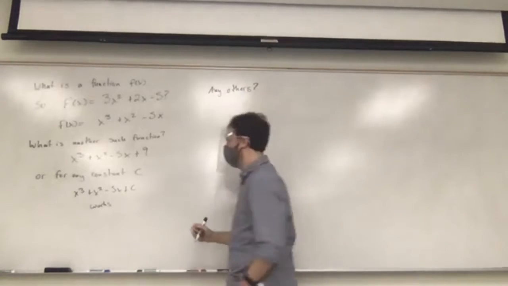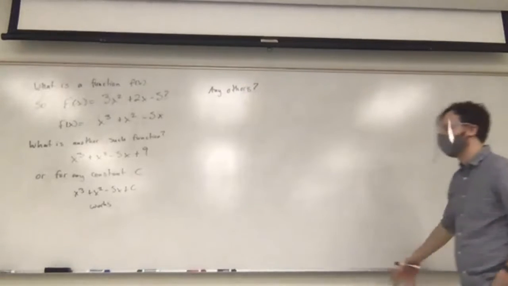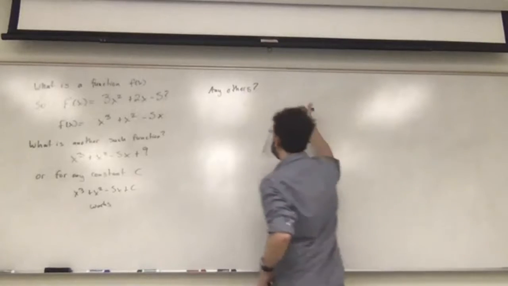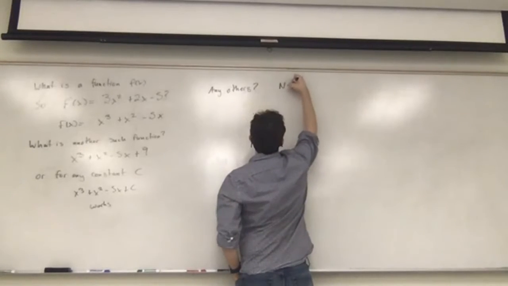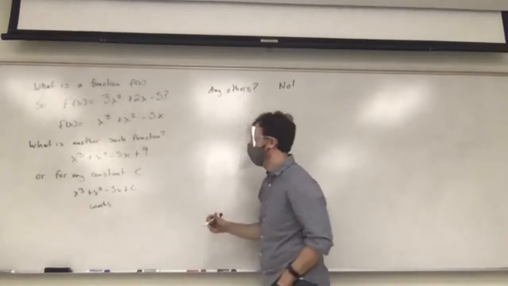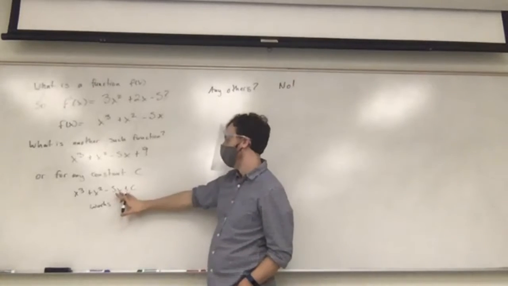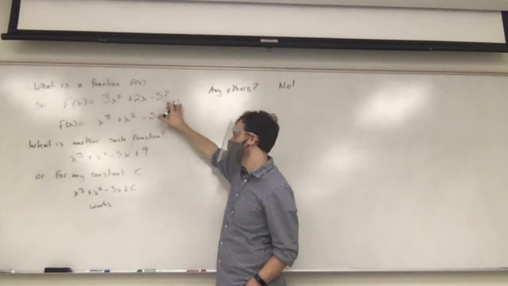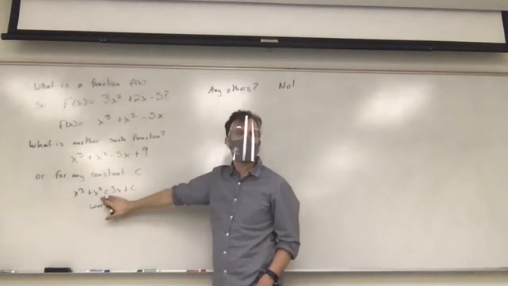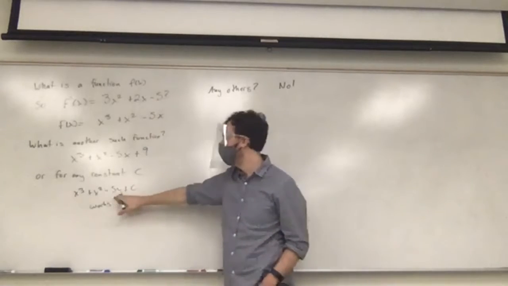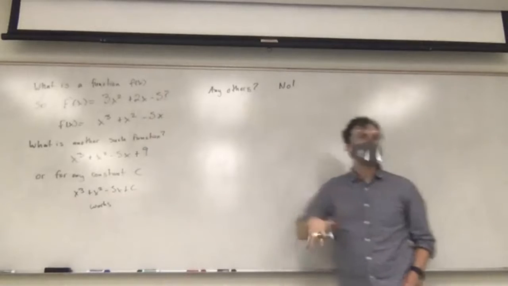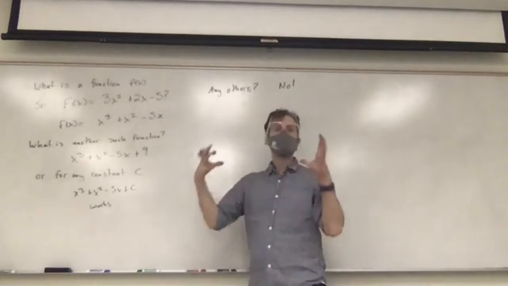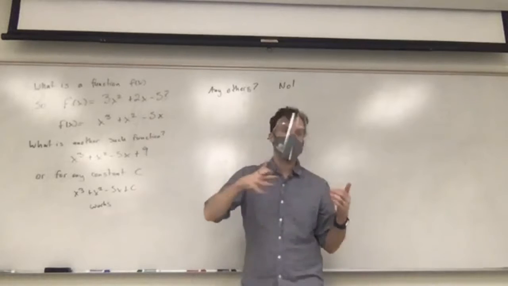And in fact, the answer, and this becomes more surprising if you think harder about it, the answer is actually no. The only functions that have 3x squared plus 2x minus 5 as their derivative are functions that look like this. This basic function plus some different constant c. So there are a lot of different answers, but there's essentially one main one, and then you adjust that to get other ones.